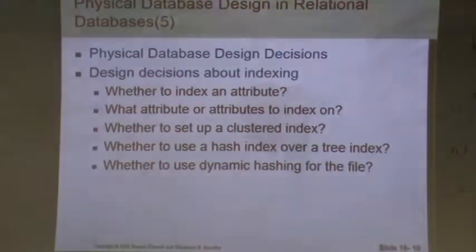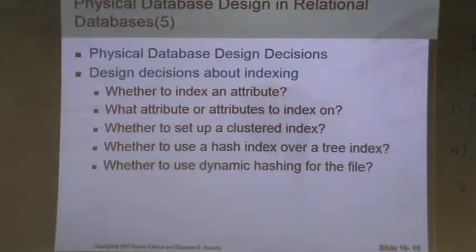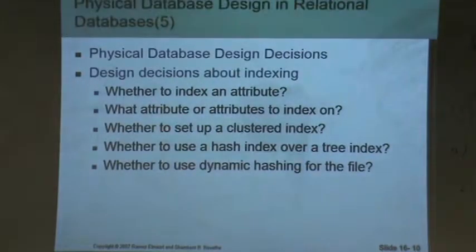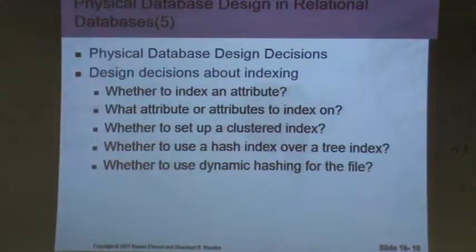So when you design, you can consider the index, each index attribute, and whether each one will be a cluster index or a hash index, dynamic hashing. But anyway, this is for indexing.